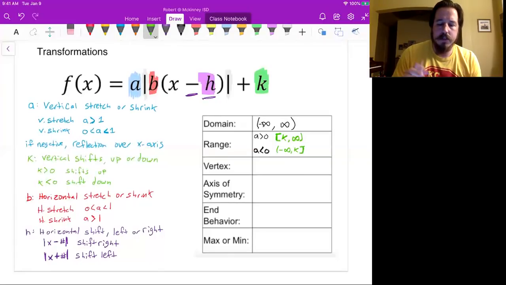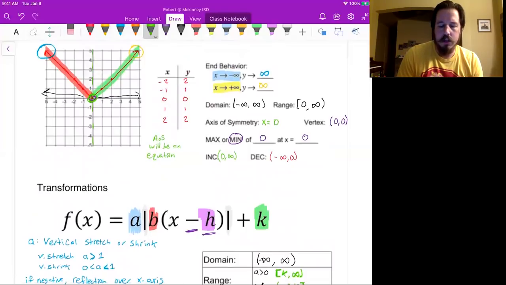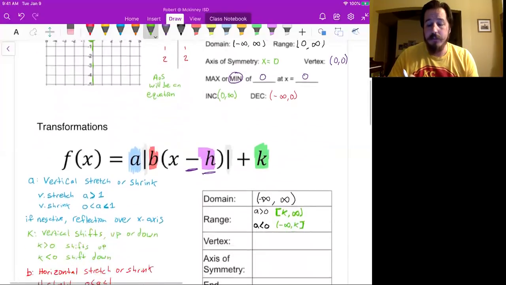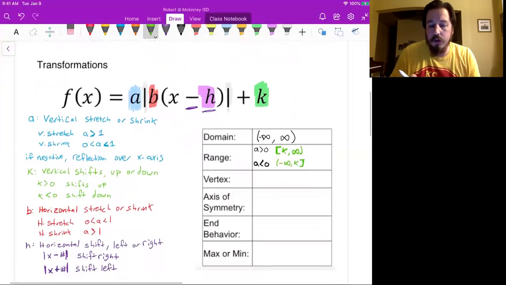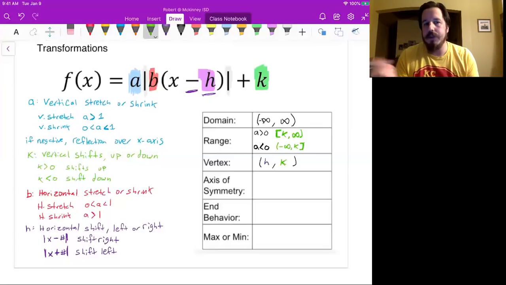Our vertex, that point right there, that is what actually is shifting. So however it shifts up, down, left, and right, that is where our new vertex is going to be. So our vertex is the point H, K. Remembering that in our equation, it's minus H, so we have to take the opposite of whatever we had.